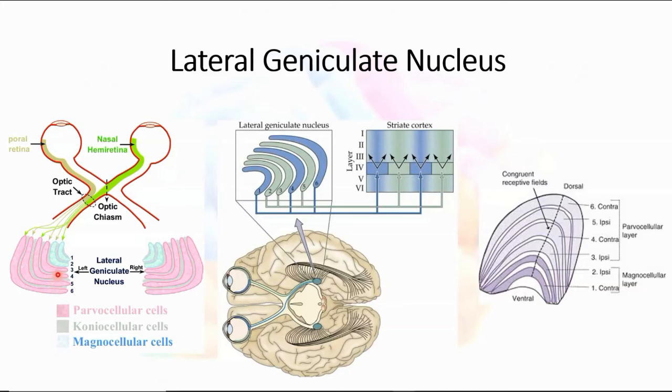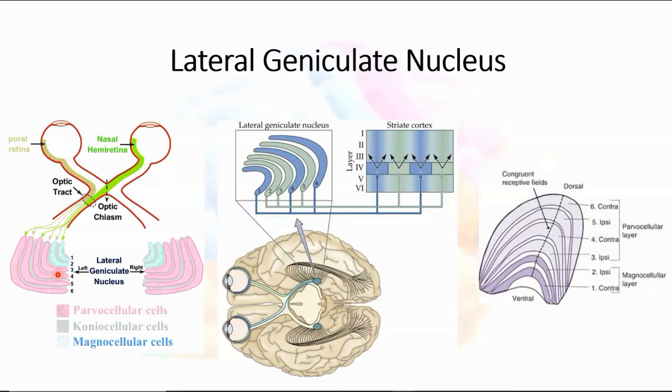The upper visual field projects inferior laterally in the LGN, and the lower visual field projects superior medially in the LGN. Additionally, magnocellular layers contain neurons that are more sensitive to contrast and responsive to motion or movement, making them responsive to the where and how properties of visual information.